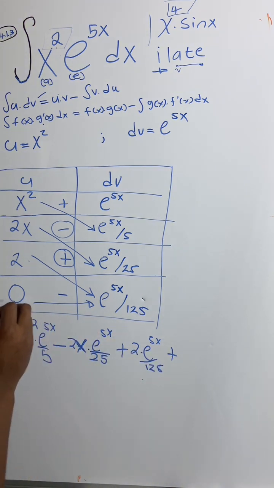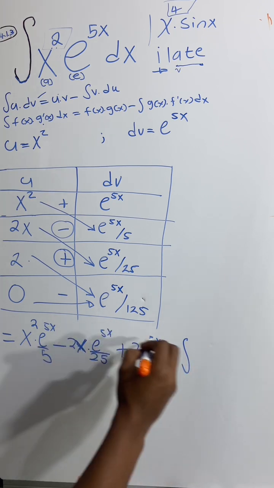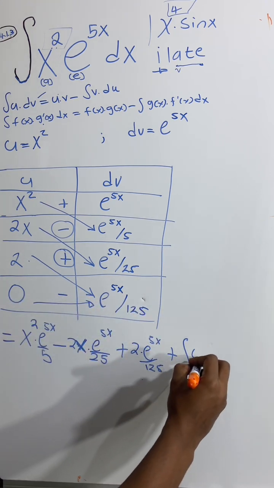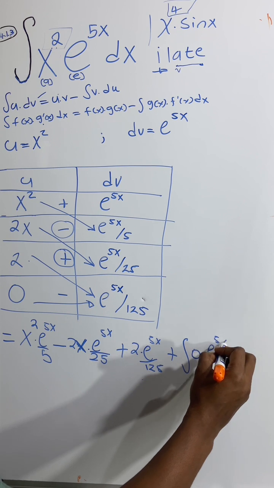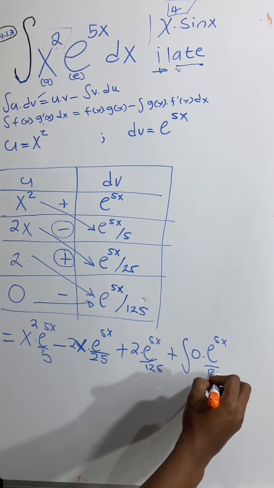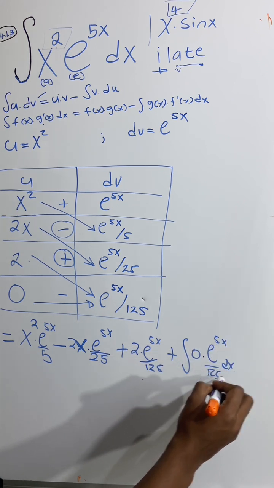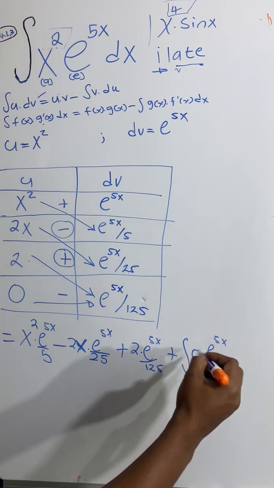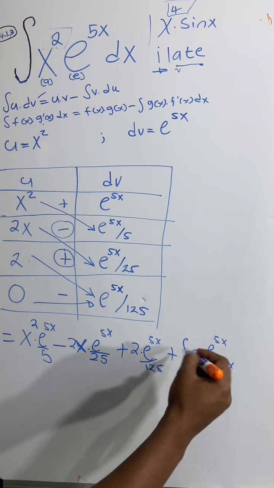Plus, since we are going horizontally, we'll have the integral of 0 multiplied by e to the power 5x over 125 dx, and that 0 will nullify this whole thing. So 0 multiplied by that whole thing will be 0.